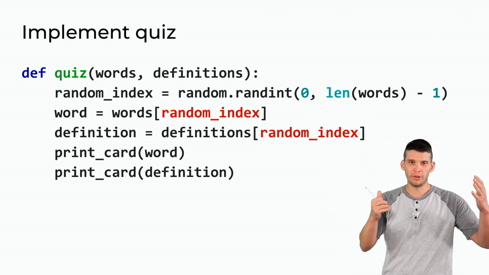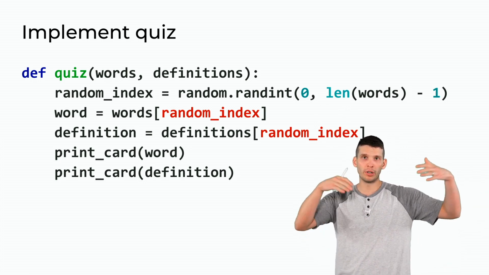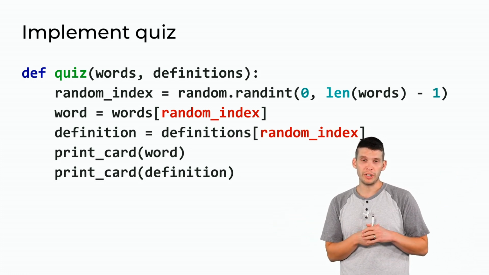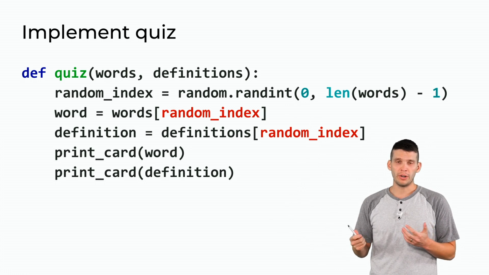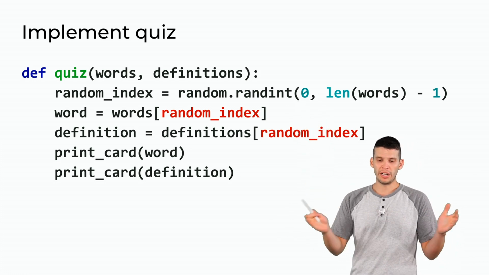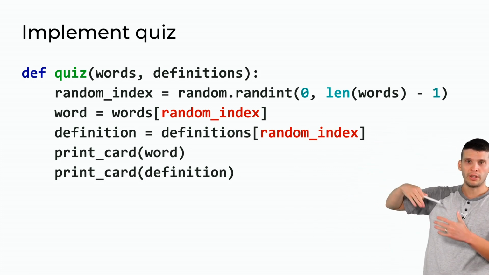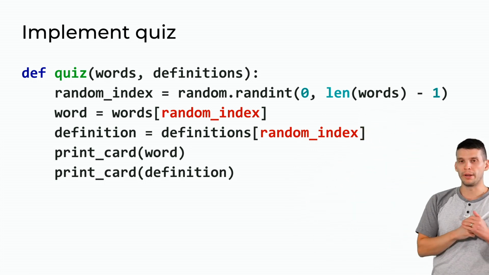We want to generate a random index in our list. Whether we have 5 words or 5,000 words, we want to support picking a random word in that data set. So for our random integer, we want it to be between our range of indexes, which would start at 0, and the last index would be the length of our list minus 1.